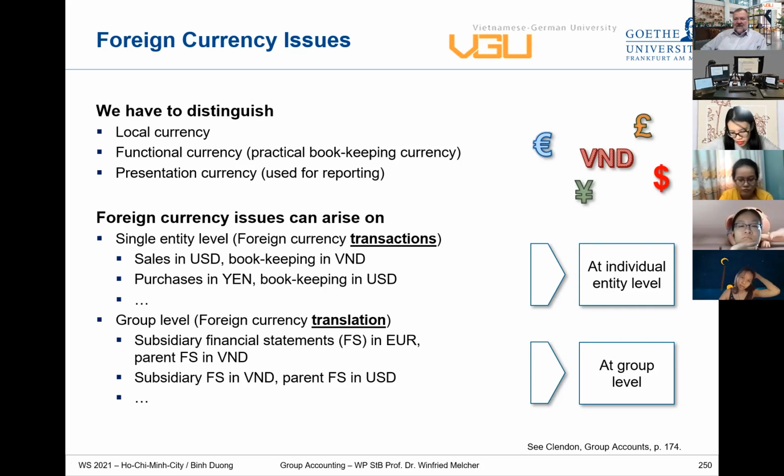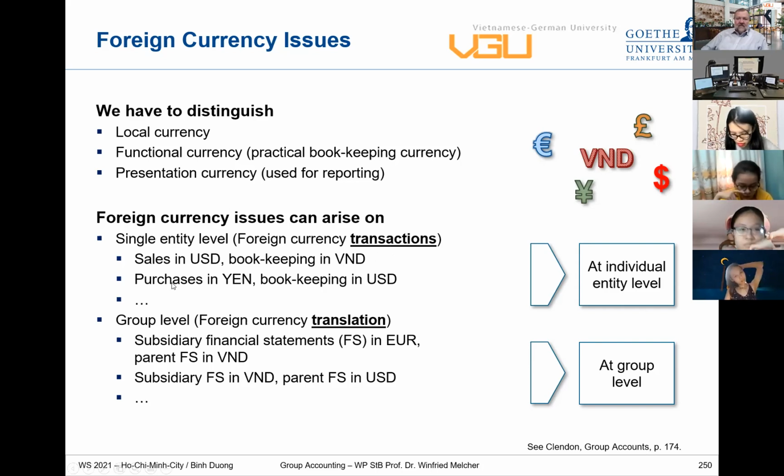As you may have heard, they can set the prices in dong, but okay. So that is why we have foreign currency transactions in a Vietnamese company when they sell their products in US dollars. So that is a foreign currency transaction.